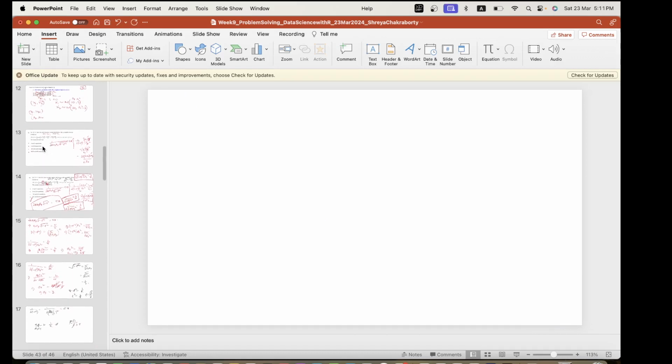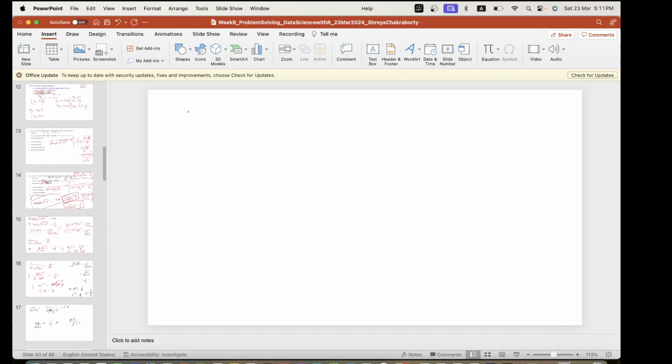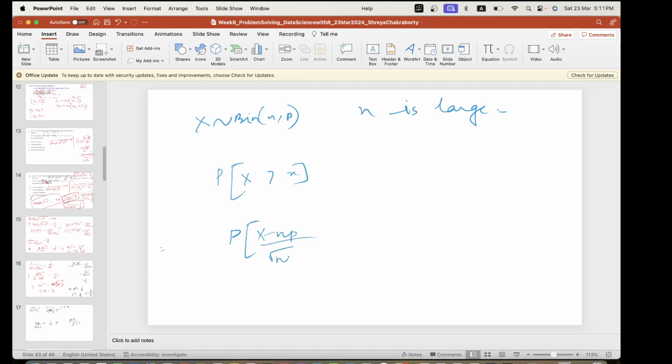Alright. So, let's say you have a binomial distribution with n and p, and n is large. Then you have probability X greater than some x, and you write that as probability (X minus np) by root over npq greater than x.